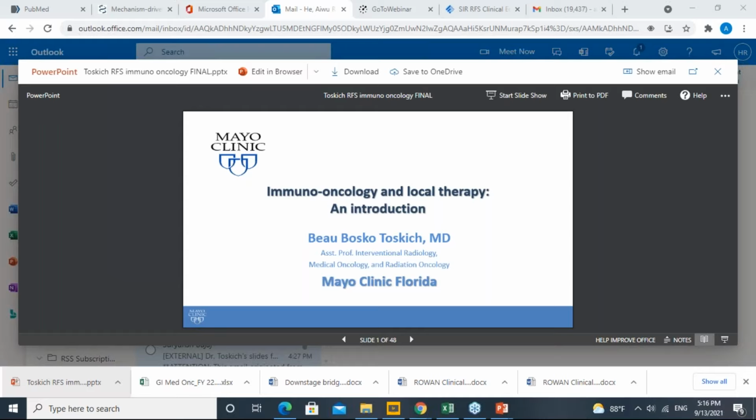I do believe there's a role for local therapy, liver-targeted therapy from IR, in disease control in the liver. The goal is to try to get those patients to resection. In some patients, we can actually achieve long-term disease control and even put a subset of patients in remission. How can we get this patient disease-free with surgery? We do a lot of combination therapy, and so we treat patients with chemo and liver-targeted therapy.